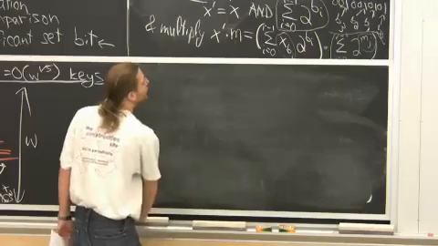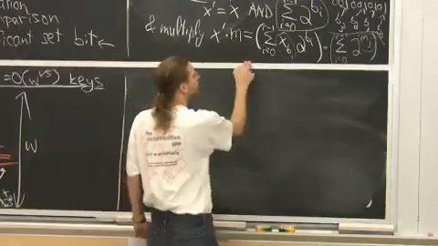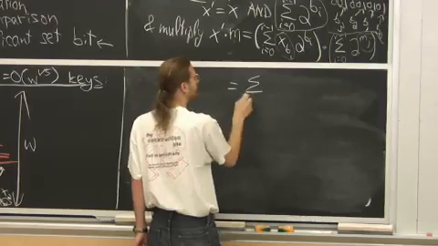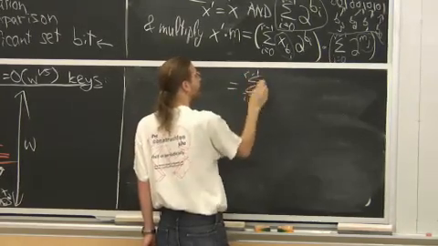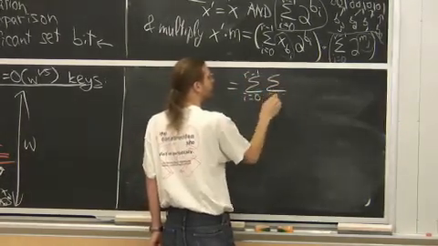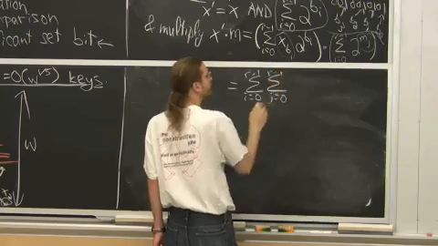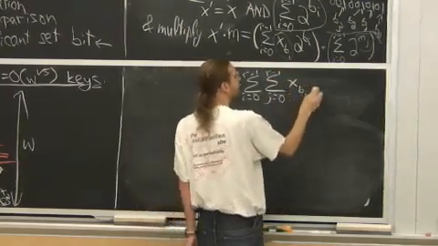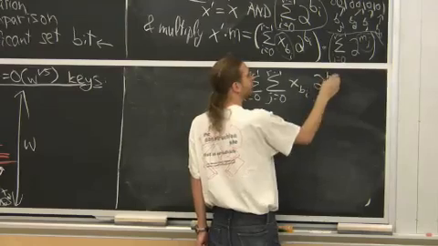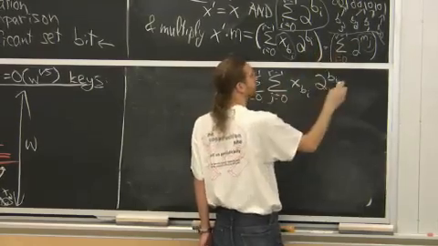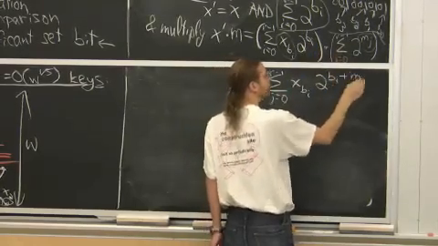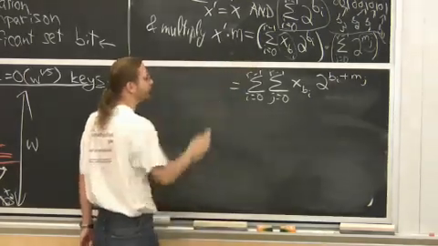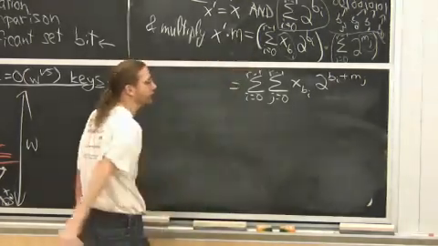So what's this product, sum i equals 0 to r minus 1, sum j equals 0 to r minus 1 of x_{b_i} 2 to the, just the product of these, so 2 to the b_i plus m_j. Okay, that's the algebraic product of those two things. That's why I wrote it out this way, so I can see what's going on.